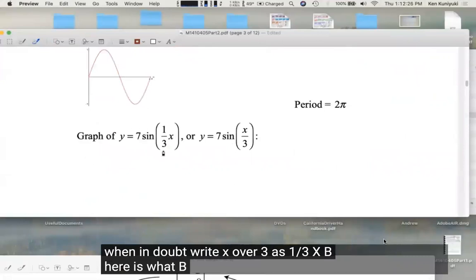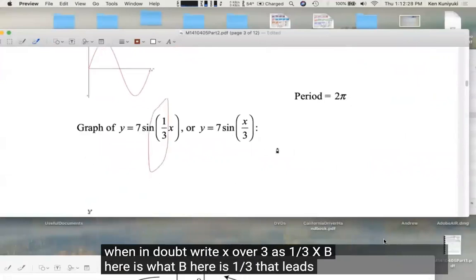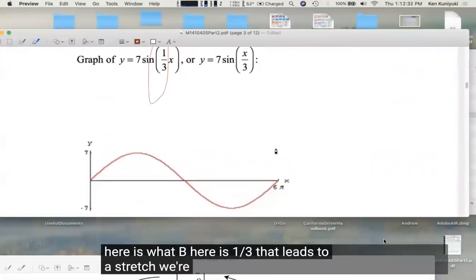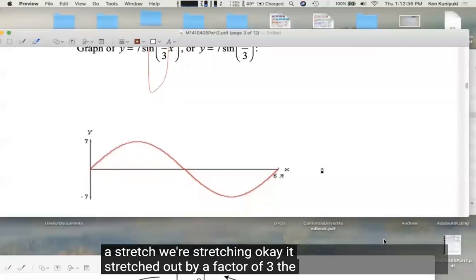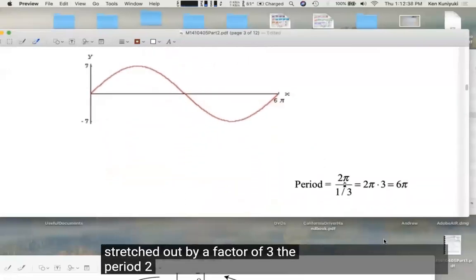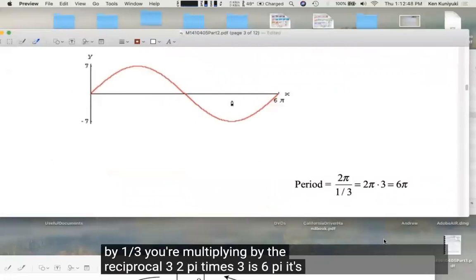B here is what? B here is 1/3. That leads to a stretch. We're stretching. Okay, it's stretched out by a factor of 3. The period, 2 pi over b, is 2 pi over 1/3. If you divide by 1/3, you're multiplying by the reciprocal, 3. 2 pi times 3 is 6 pi. It's stretched out.